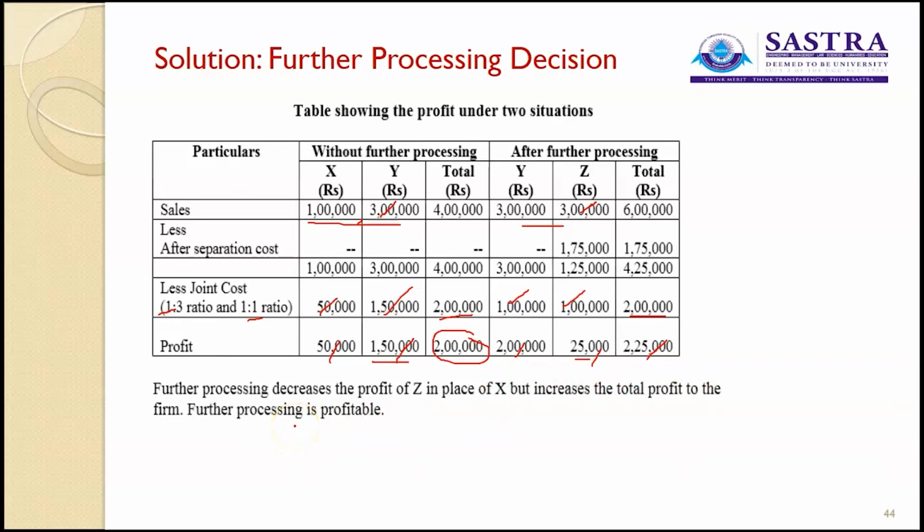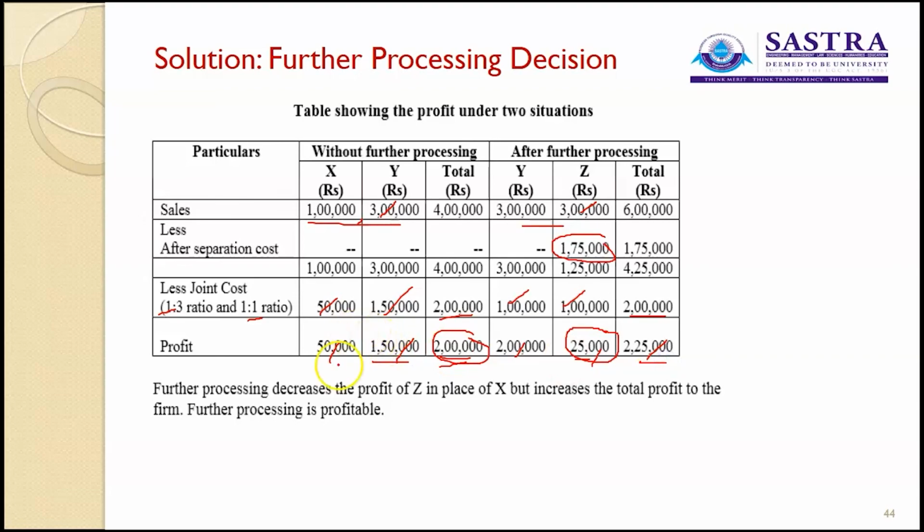So further processing is profitable. Further processing cost here is 1,75,000, and the profit is only 25,000. X is to be replaced. The 50,000 is decreased to 25,000, though it is decreased, and we have a total profit going from 2 lakh to 2 lakh 25,000.